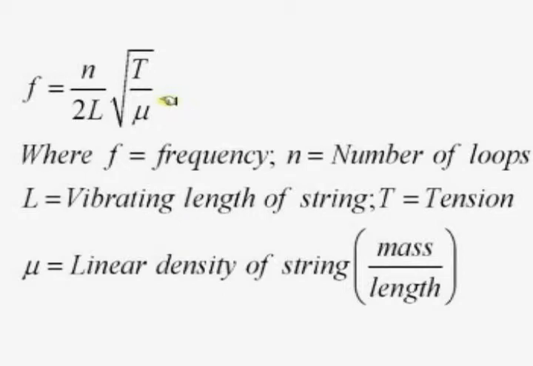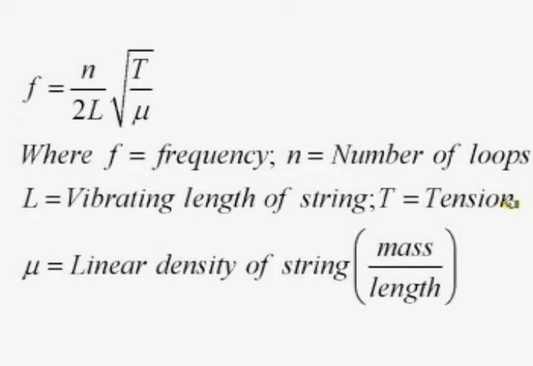For example, the equation now shows that n is the number of loops which we will be showing. We can vary the number of loops, varying the number of the harmonic, and then we can change the length of the string, that is from the vibrator to the pulley, or we can change the tension, which is the weight we put on the string, such that if we put more weight, you have more tension.